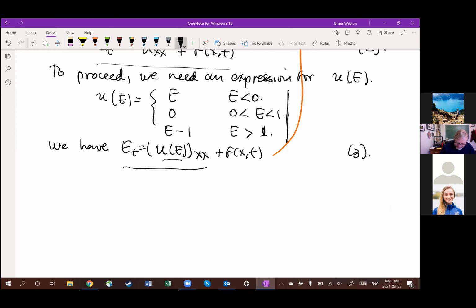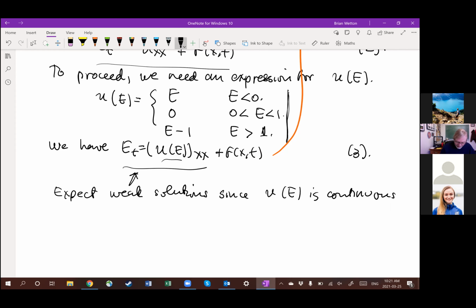Okay, so you got this. You're going to expect weak solutions from this, since U of E is continuous, but U prime of E is not.